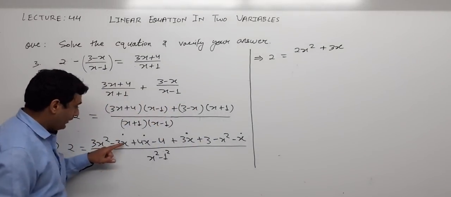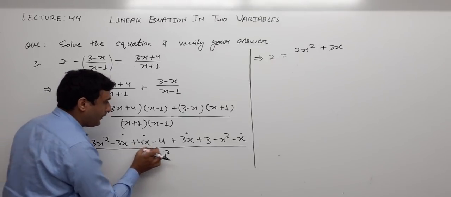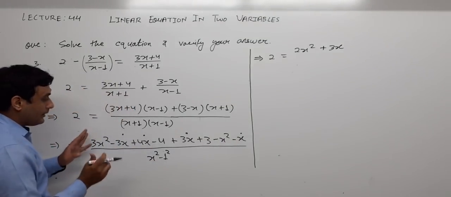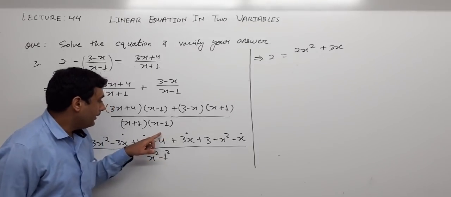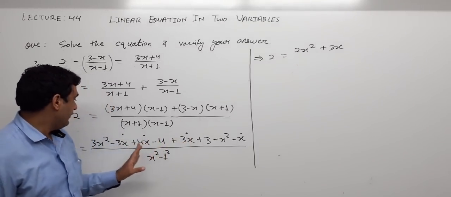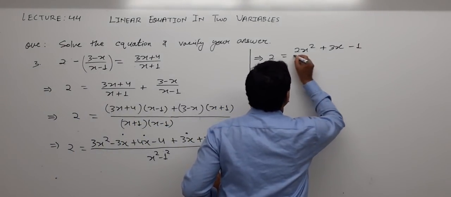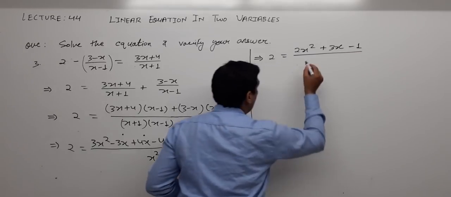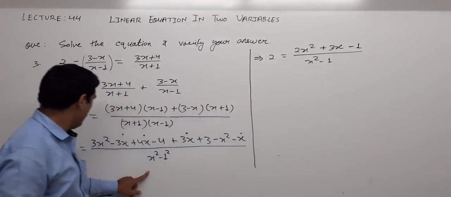Now we will see the numeric terms only. So minus 4 plus 3, that is minus 1, divided by x squared minus 1.